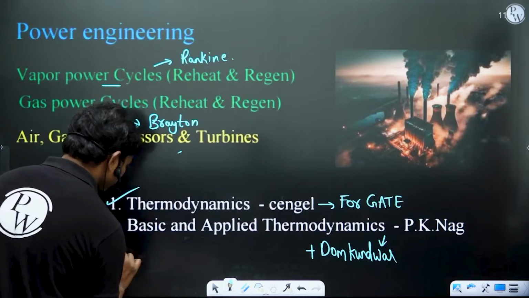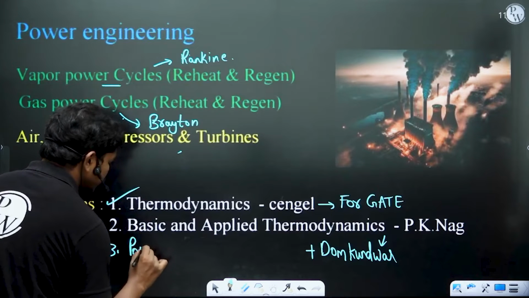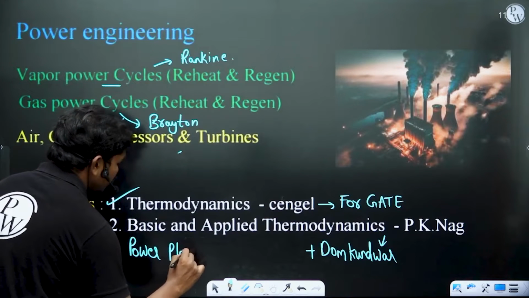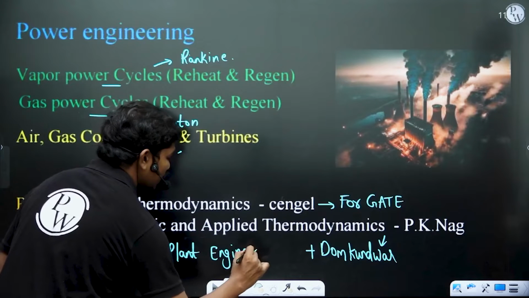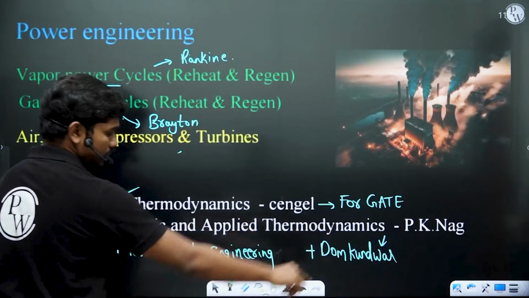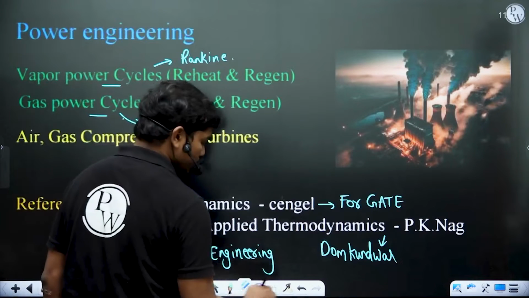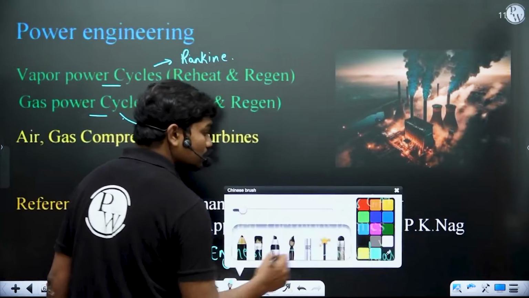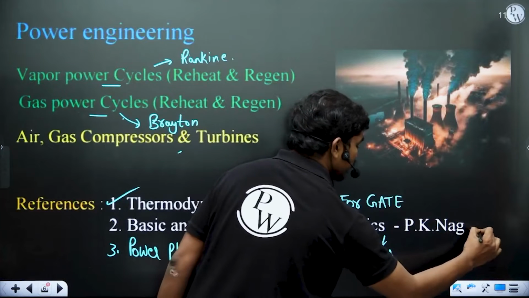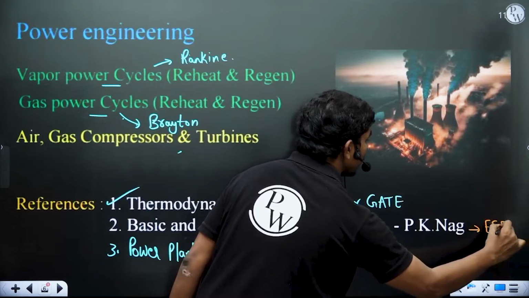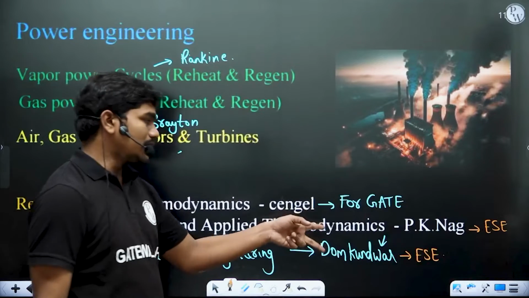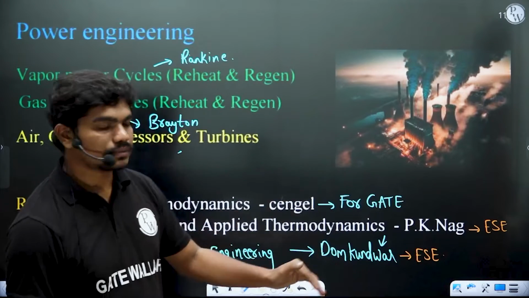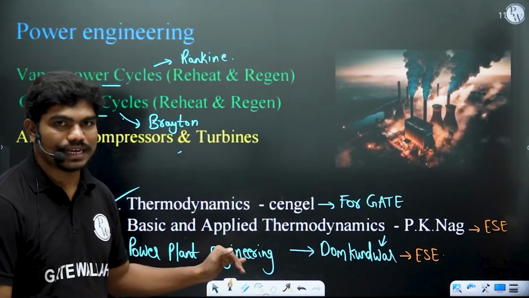Normally this is power plant engineering, and these two books, Basic and Applied Thermodynamics and this Power Plant Engineering, are a very good set for ESE. Clear? So these two books are a very good set for ESE, but for GATE level problems and all, Cengel is good enough for nice problems and all.